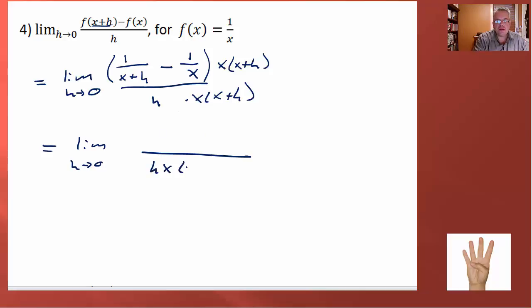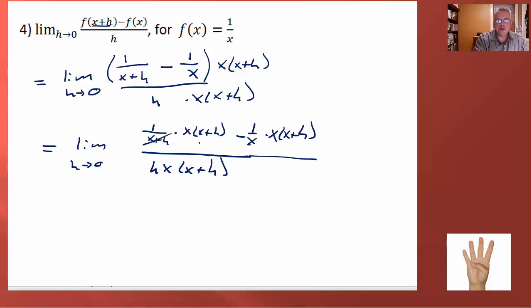I get h times x times x plus h. I got three factors. An h, an x, and an x plus h. In the numerator, let me write out what we get. We get 1 over x plus h times x plus h minus, now I'm going to do this one, 1 over x times x plus h.